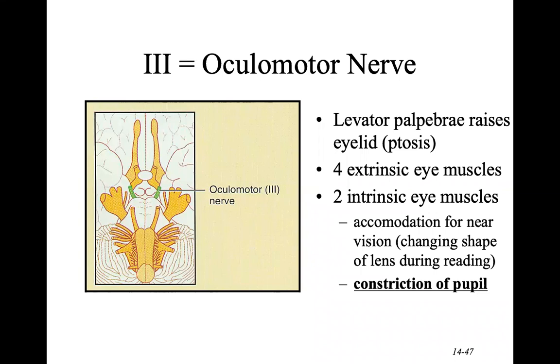But at the exact same time that I shine it into my right eye, you, the observer, could analyze my other eye and you'll also see it constrict. That's called the indirect light reflex. In order for this to happen, the first thing that has to happen is my eye has to actually see the light. In order to see the light, what cranial nerve has to work?